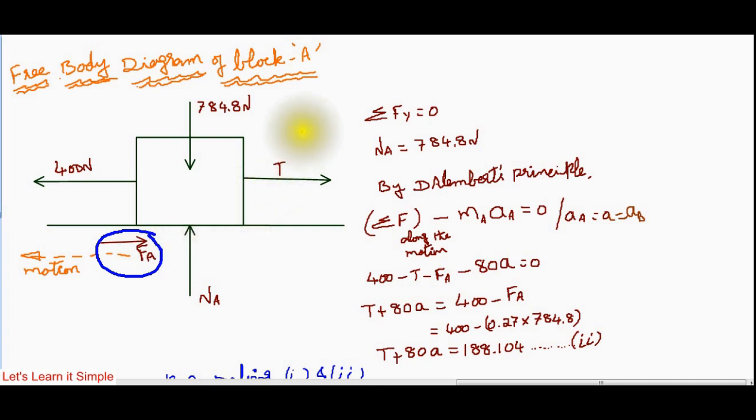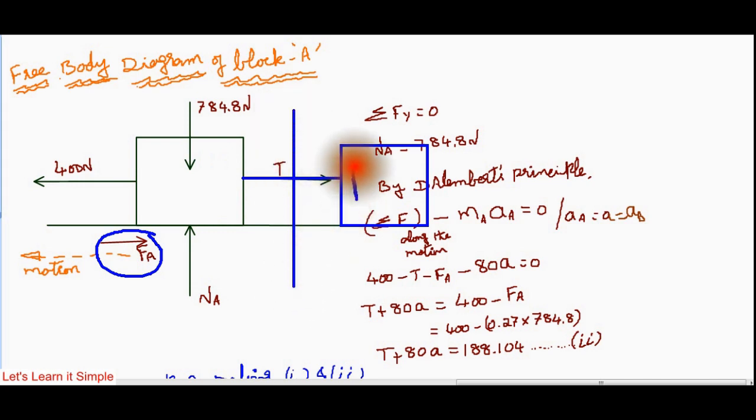Block A and block B are connected together with the help of a string or a wire. If we take this as block B, the direction of tension in this wire is in this direction, and for block A, the direction of tension is in this direction.